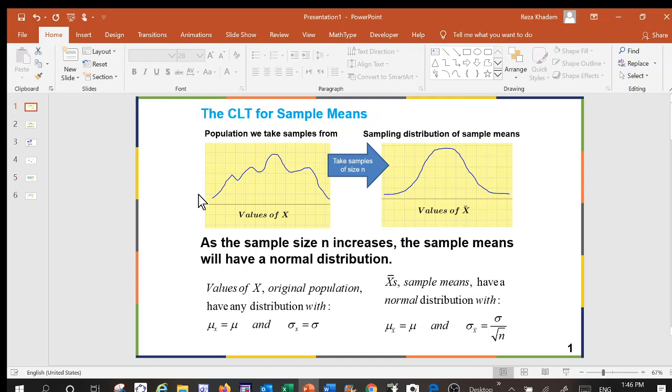Now in chapter 7 we talked about the central limit theorem.